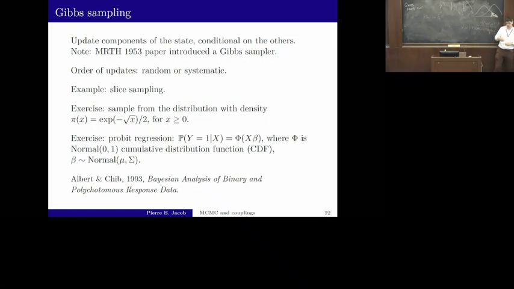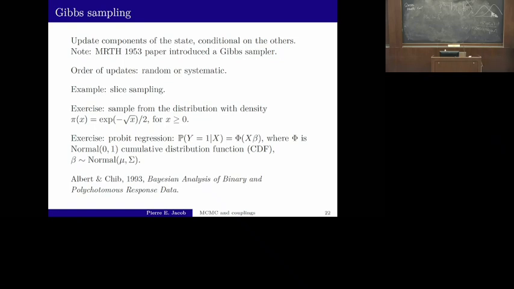But for example, if you're doing some sort of Bayesian regression, maybe some components correspond to the regression coefficients, and some components represent the variance of the noise. Maybe it's a good idea to update the variance of the noise many times before you re-update the regression coefficients, for example. So there could be lots of tuning parameters involved in an efficient algorithm.